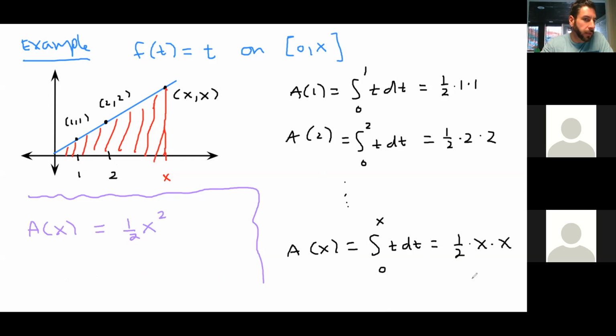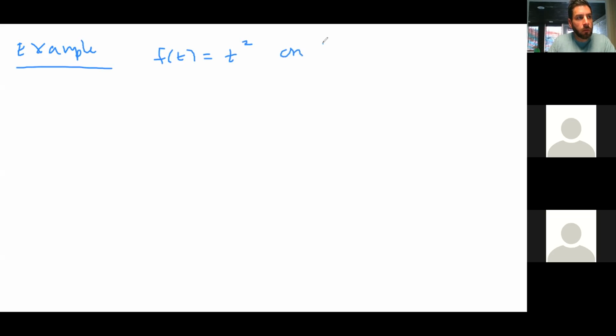And we're going to write this down again, but it's worthwhile doing one more example. And then maybe we'll see a pattern. So now I want f of t to be t squared, the parabola, on 0 to x.